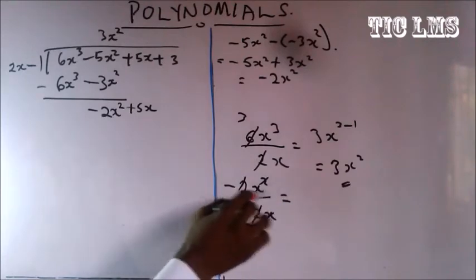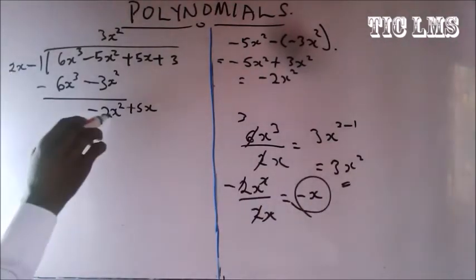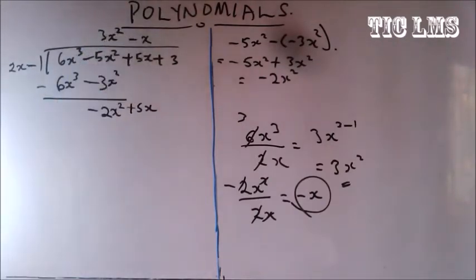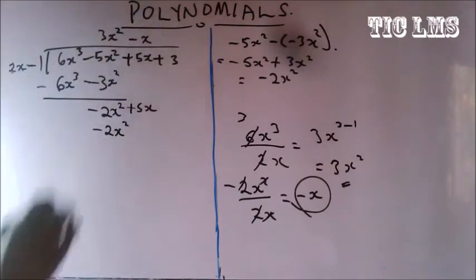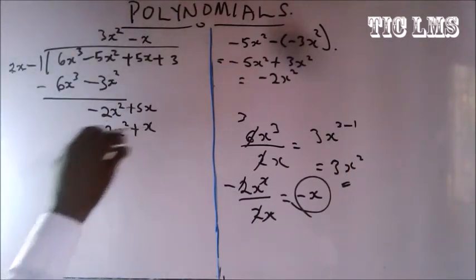And so we are left with minus x. So we'll have it that 2x into minus 2x squared is minus x. Then minus x multiplied by 2x gives minus 2x squared. And then minus x times minus 1 gives plus x.